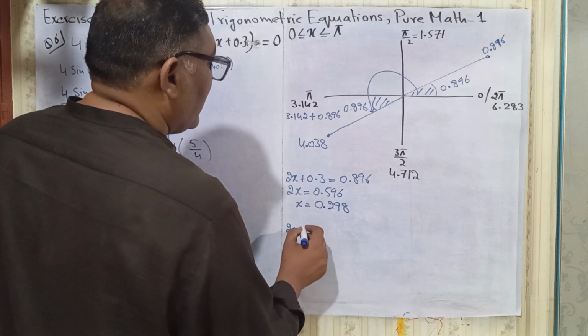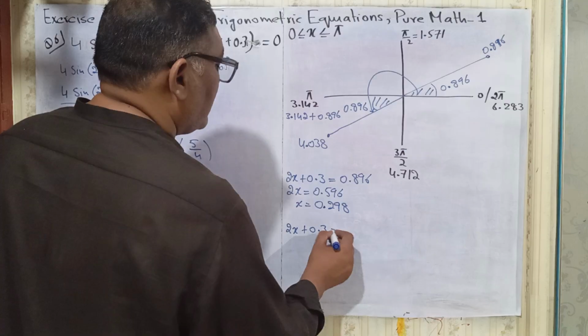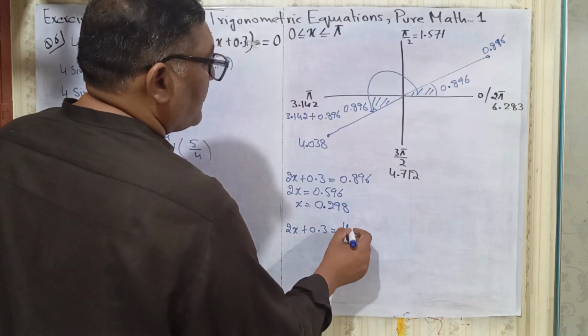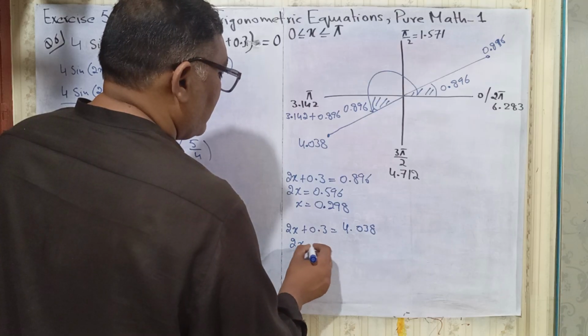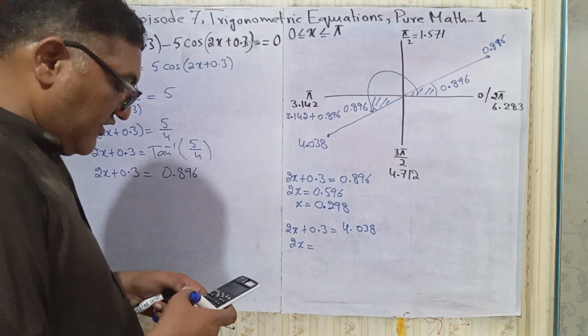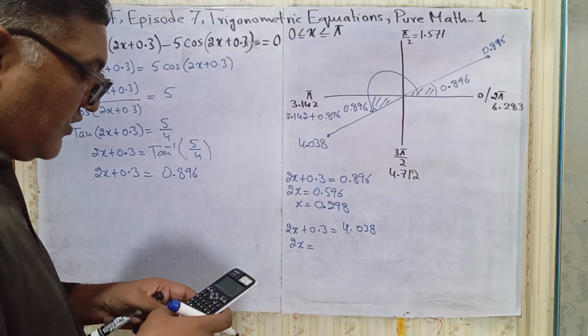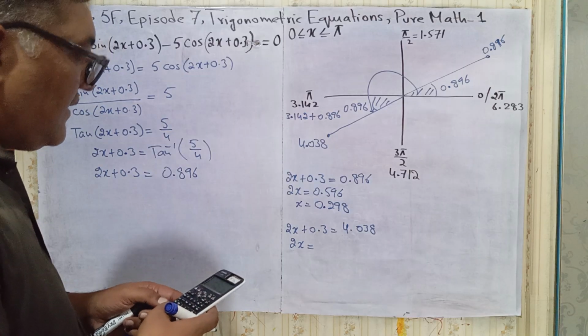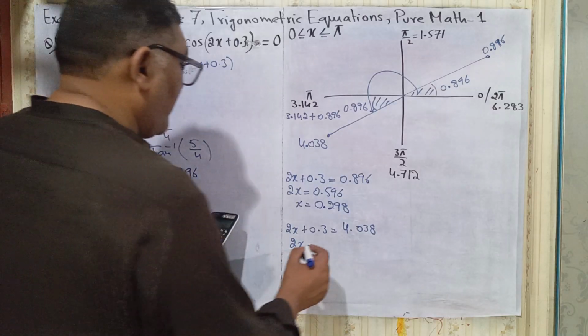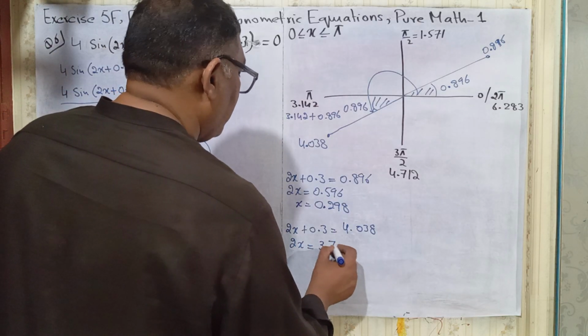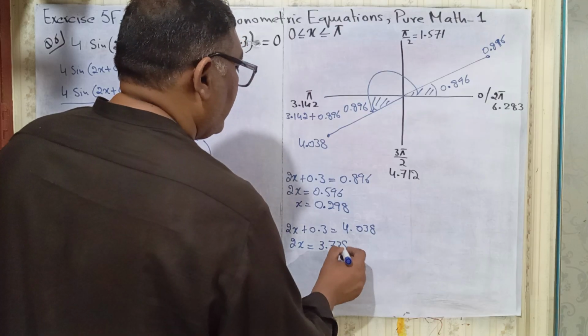Then I will use this other angle. So we will have 2x + 0.3 equals 4.038. So my 2x will be equal to 4.038 minus 0.3, which is 3.738.